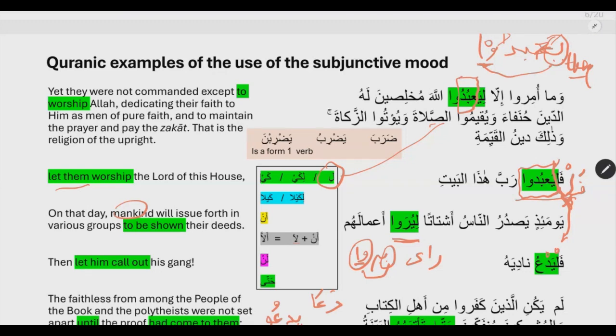What happens is sometimes the waw falls away. That's how you got fal-yad'u because of the li. You're making it singular, because you're talking of one person: let him call out, or ask, or invite his gang or his company or his club, whatever that group of people are. All right, and in this one, hatta ta'tiyahumul bayyinah, I'll show you this one in another example on another slide as well.